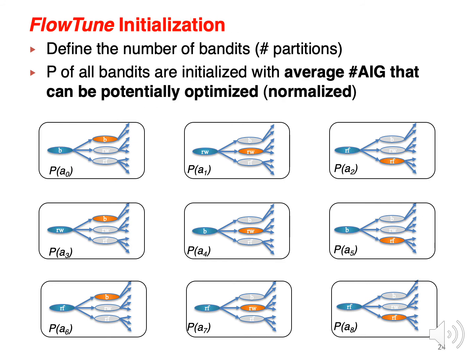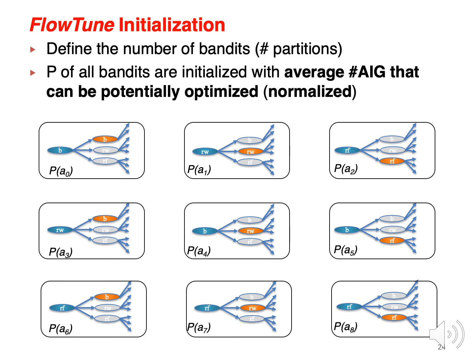So initialization for exploration using MAB is very crucial. So we use the DAG-aware domain knowledge again. P will be initialized by randomly sampling a few times in all bandits. What we did is sample 5 times across all the bandits, and we count the number of potential optimization AIG nodes.